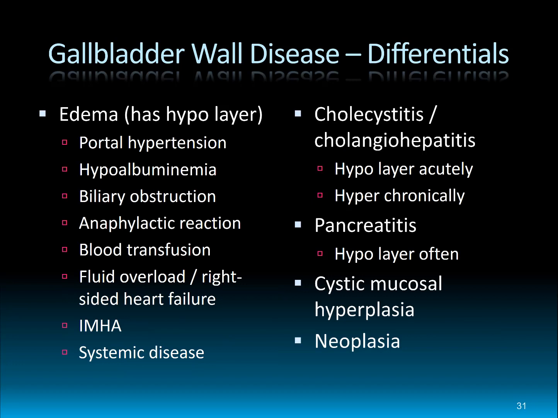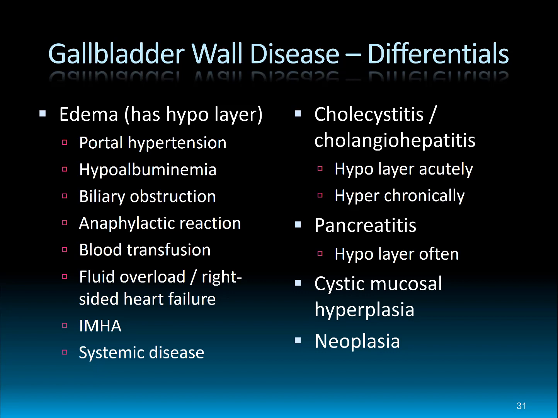Lots of differentials for disease of the gallbladder wall. Edema is common, and those are common cases where we'll see a layered appearance, that hypoechoic layer in addition to a hyperechoic layer. Portal hypertension, hypoalbuminemia, anaphylaxis, blood transfusions, you name it, you can get edema of the gallbladder wall. So it's not particularly specific.